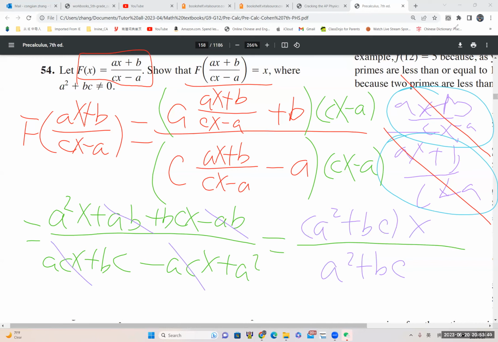Then if this is not 0, so cancel it. Then we get x, right? Yeah, we do this not from this. We just do it from the algebraic rule, right? Anyway, save it.